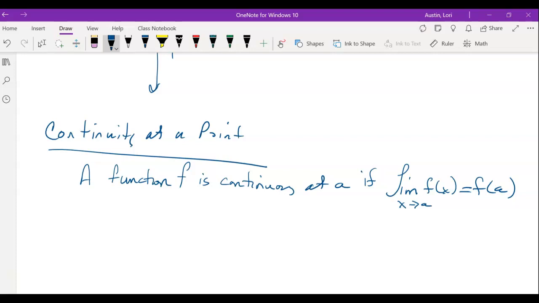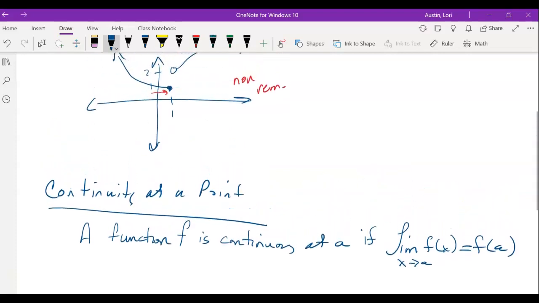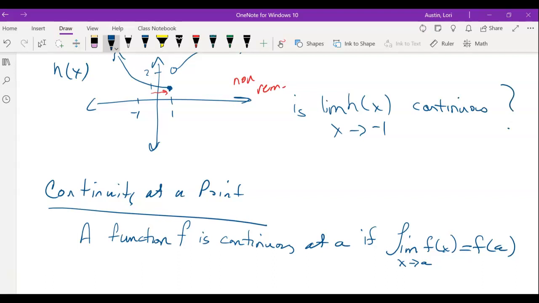So if you come back here, we'll go to this function. We'll go to -1. We'll call this function h of x. Is h of x continuous at -1, do you think? So is the limit of h of x as x approaches -1 continuous?